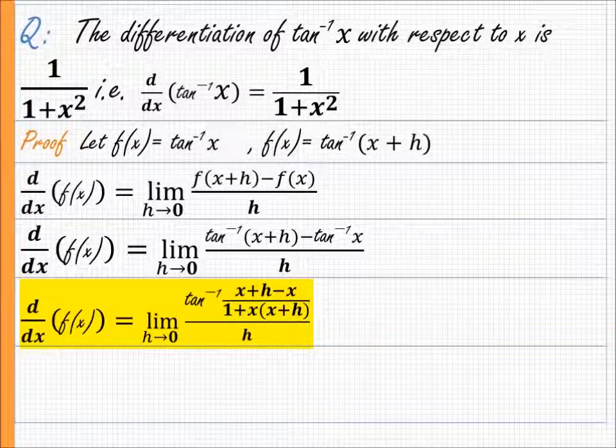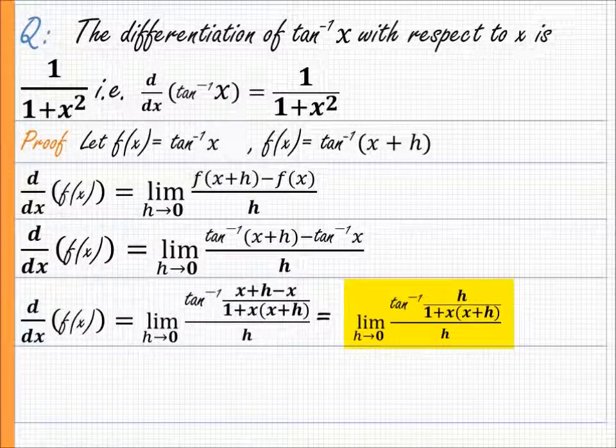So now this limit can also be written as limit h approaches 0, tan inverse of x plus h minus x divided by 1 plus x into x plus h, and whole divided by h. And that simplifies to limit h approaches 0, tan inverse of h upon 1 plus x into x plus h, divided by h.